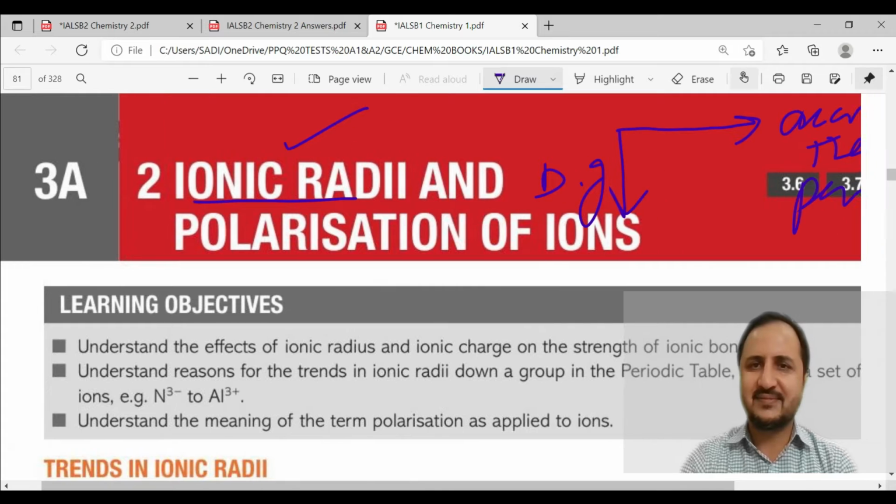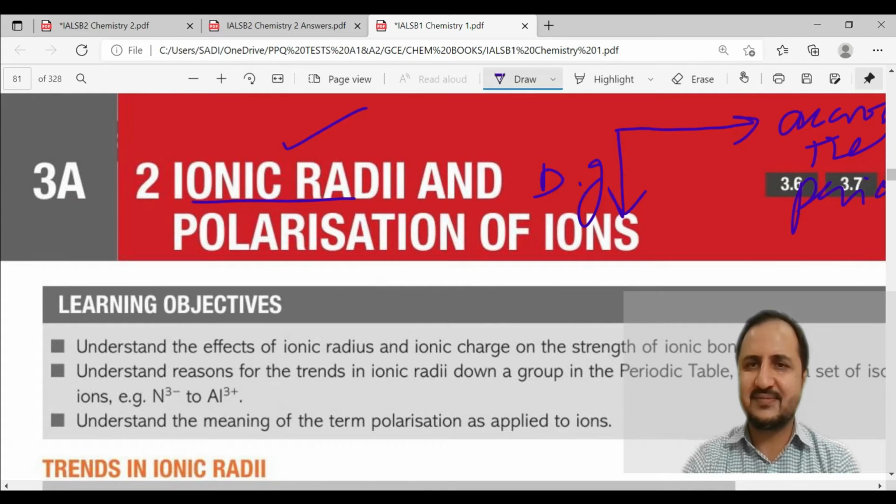So, what are our objectives behind it, and what is the polarization? First of all, polarization of the ions, what does it mean here? Polarization of the ions means how the charge is distributed on the ions. Is it exactly in the center of the ion? For example, if this is the ion, this is the nucleus and this is the electronic cloud.